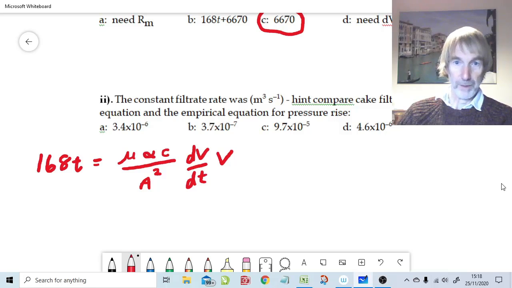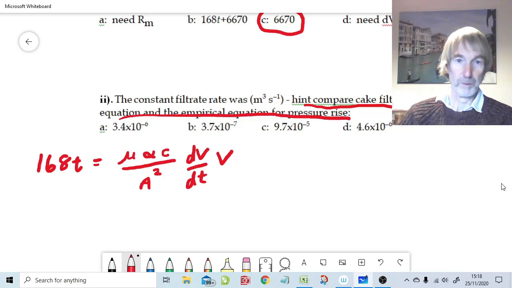And that's what we mean by the hint just here, comparing the cake filtration equation and the empirical equation for pressure rise. We've compared them and come up with this equation here.